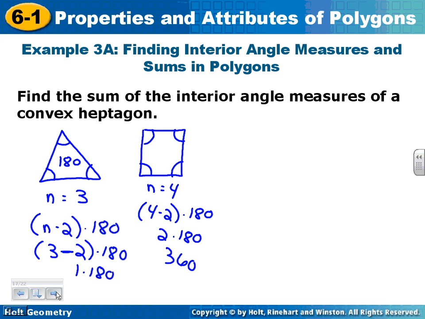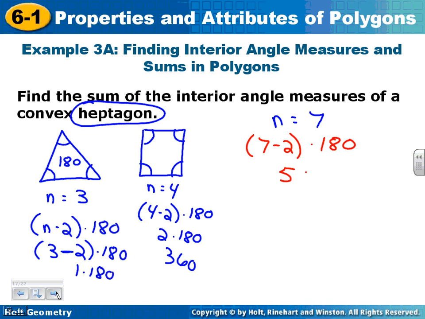My question here on this slide is find the sum of the interior angle measures of a convex heptagon. Well, how many sides is a heptagon? Look back to your very second slide, a heptagon is 7 sides. So the formula would be 7 minus 2 times 180, or 5 times 180.